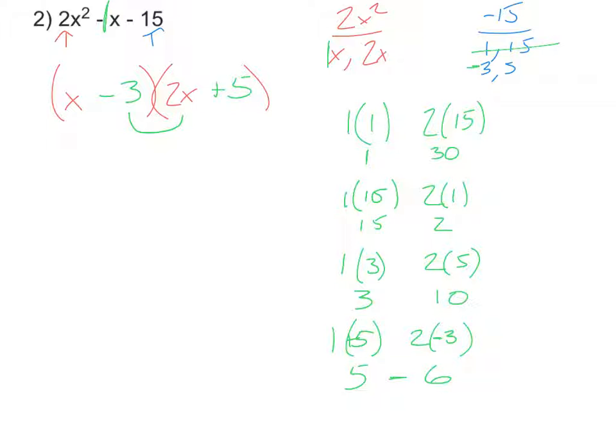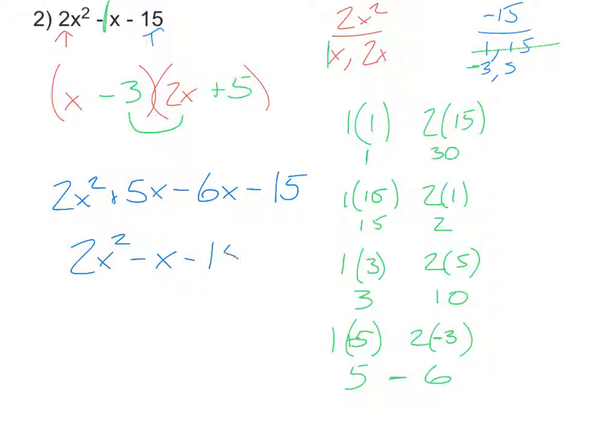And once again, we can check this by foiling. x times 2x, x times 5, negative 3 times positive 2, and negative 3 times positive 5. And we combine like terms. So 2x squared minus 1x minus 15. And it matches, so we did this correctly. And we are done.